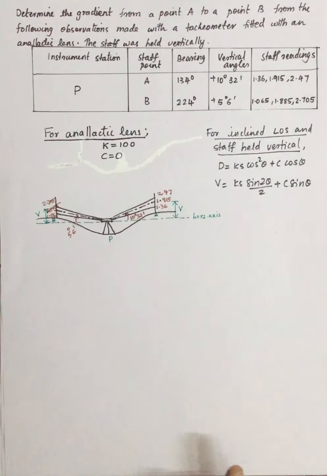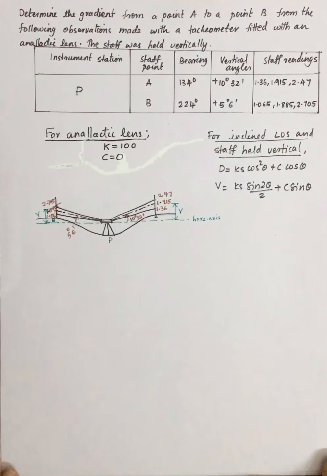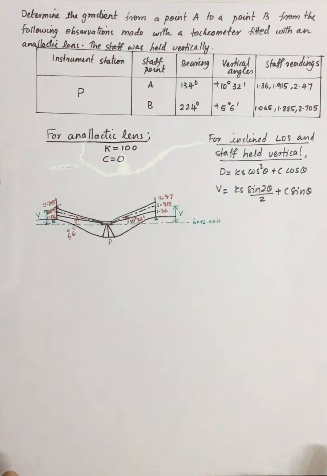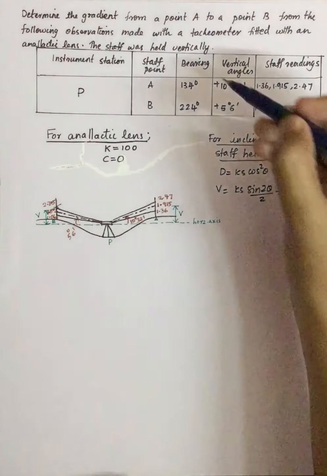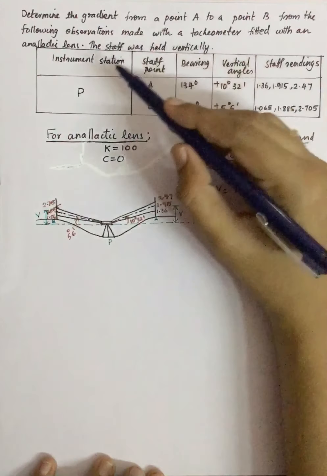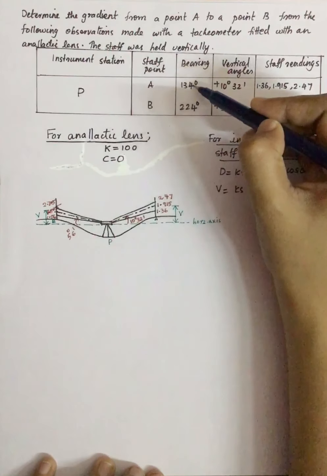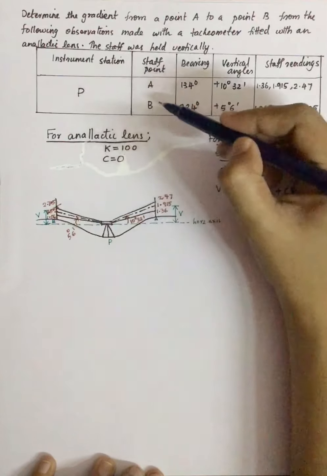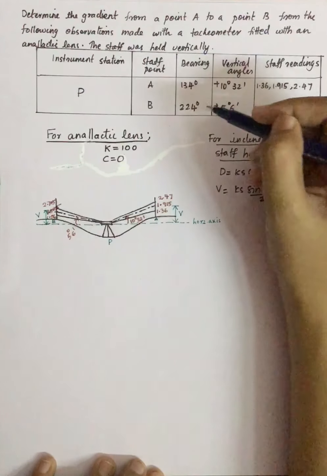Okay, so everything is marked in the figure. One more data they have given, that is bearing. From P to A the bearing is 134 degree and from P to B the bearing is 224 degrees.